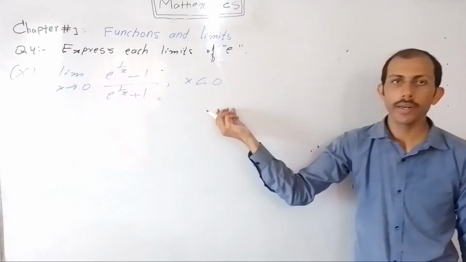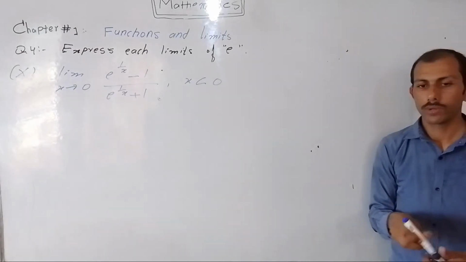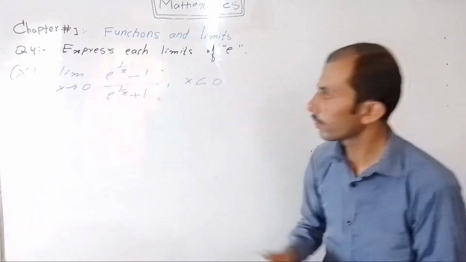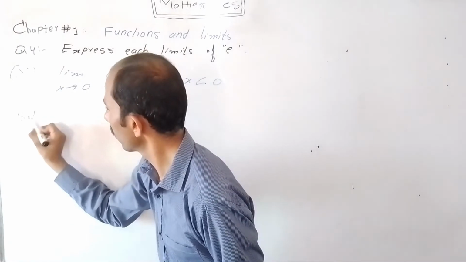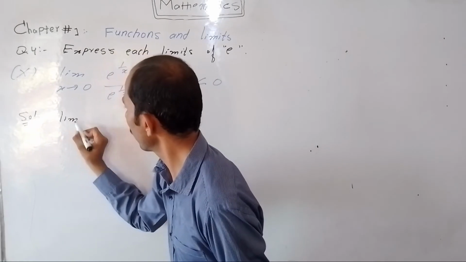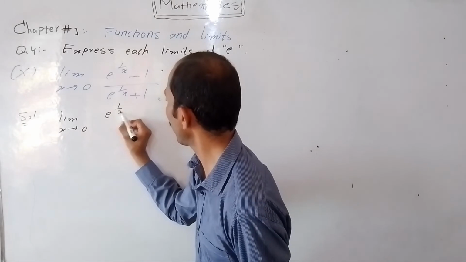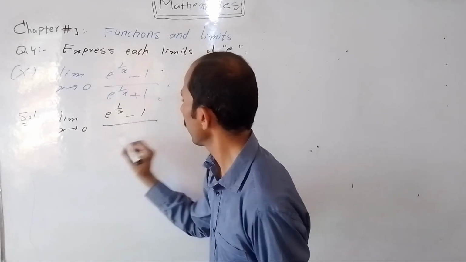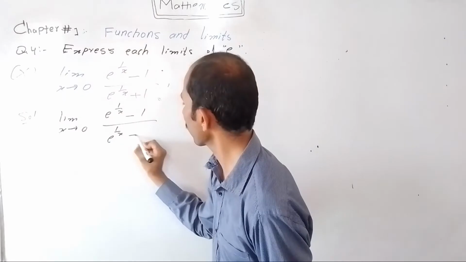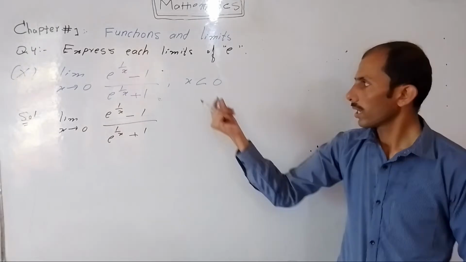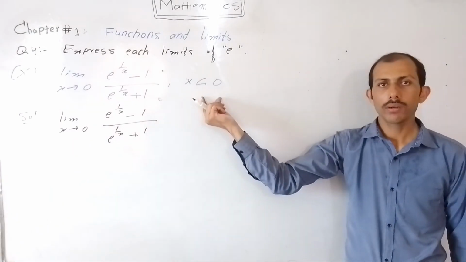When x less than 0. Solution: limit x approaches 0 of (e power 1 divide x minus 1) over (e power 1 divide x plus 1) in case of x less than 0.